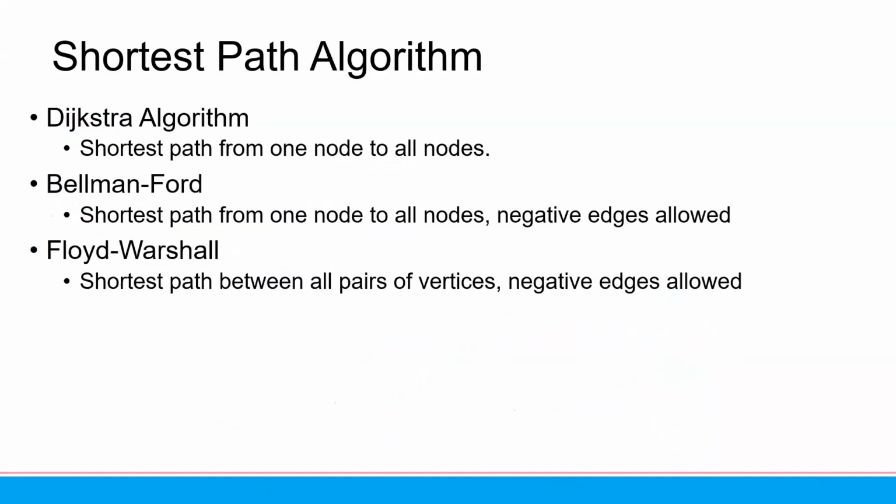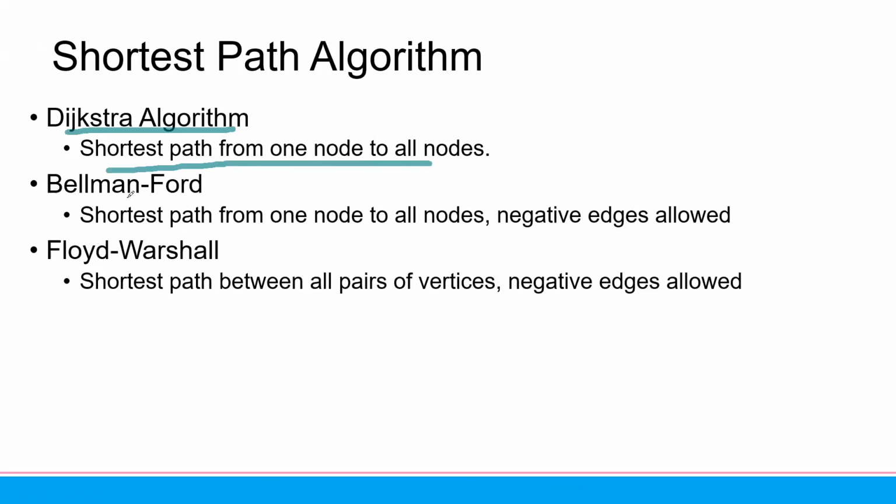There are several algorithms for the shortest path. Now I'm just giving you the basic ones, the most common algorithms in this domain. Of course, if you go on to graduate school, you will learn many more. This one is just the basic one, Dijkstra algorithm, the shortest path from one node to all nodes.